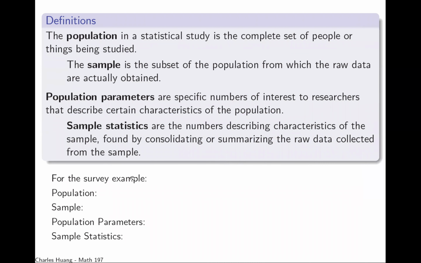In the survey example that we just talked about, the population is the set of people that we're trying to study. In this particular case, we are trying to study Canadian women. The sample is the subset, the people that we selected to actually ask the questions for the survey. We cannot go and ask every single Canadian woman to answer these questions for us.